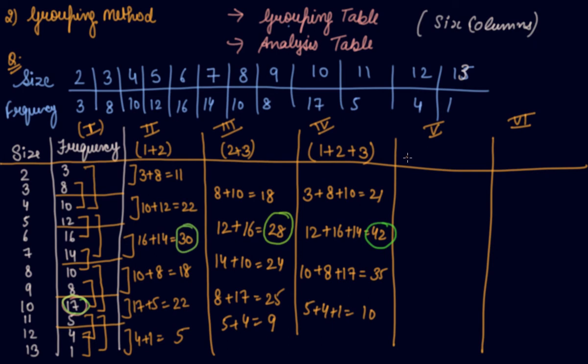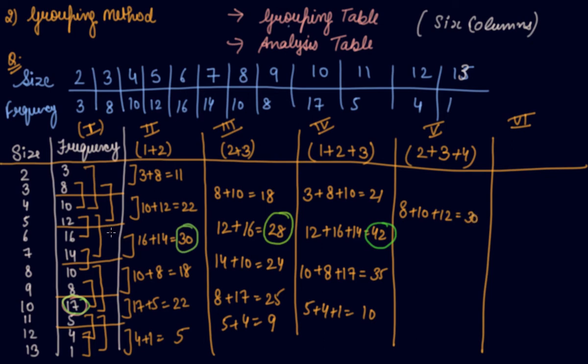Now in the fifth column, we start from the second frequency and we add the 3 frequencies: second, third and fourth. So we add 8 plus 10 plus 12, which is equal to 30.